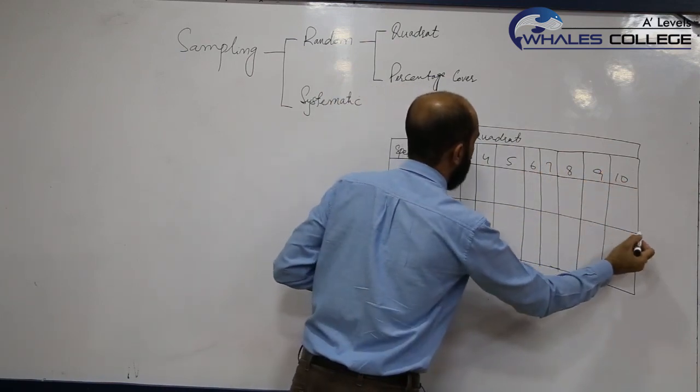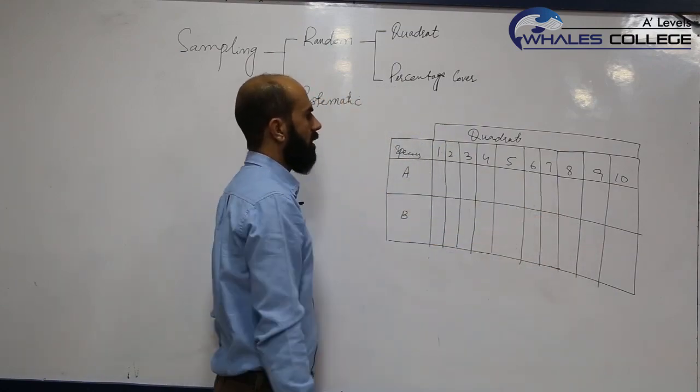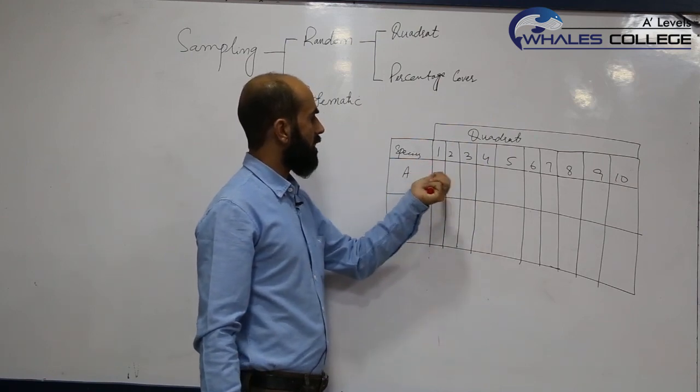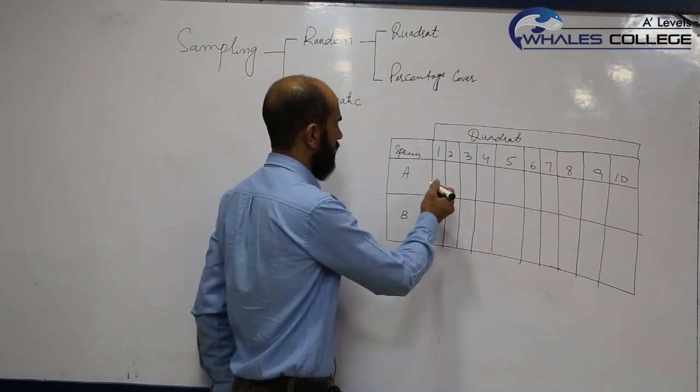And we are looking at species A and B in the quadrates, in which quadrate which species is existing.